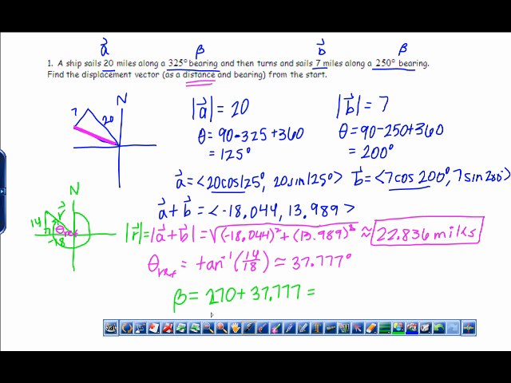But at the very end, when you're interpreting your answer, you've got to make sure you're in the right quadrant and finding the correct beta, which is your bearing. So this becomes 307.777 degrees bearing. And this tells you what angle your resultant vector is in. Okay, this is the displacement vector. Okay, we've got our miles and we've got our bearing.